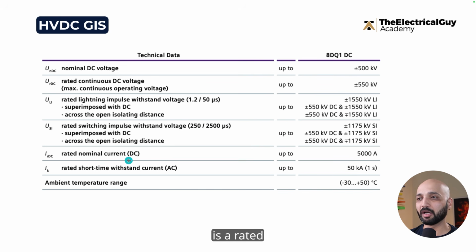And then there is a rated nominal current, which is 5000 ampere, go up to 5000 ampere. And then there is rated short time withstand current, which is given as 50 kiloampere for 1 second. Now please again pay attention to the wordings here. It says rated short time withstand current, not the breaking current.